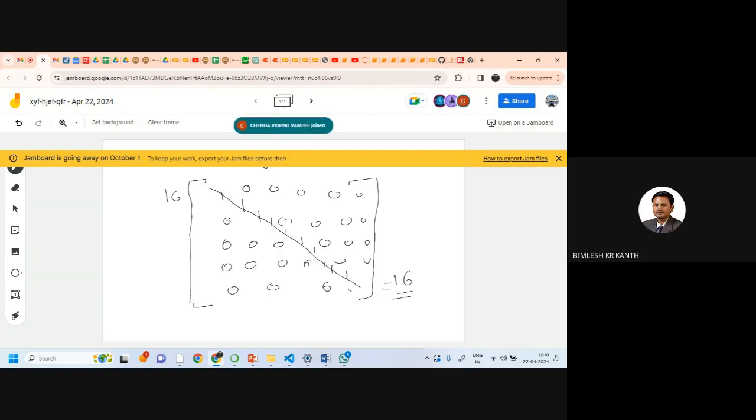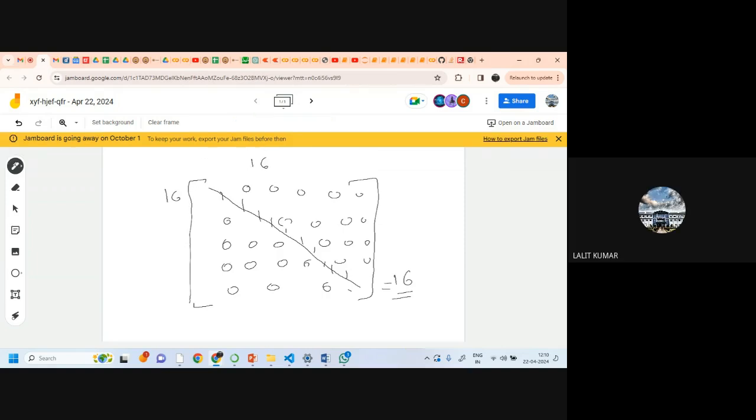Let us see how one element is coming 0. For example, I will give you an example of 4 words only. One will be 1 0 0 0, another will be 0 1 0 0, another will be 0 0 1 0, another will be 0 0 0 1.